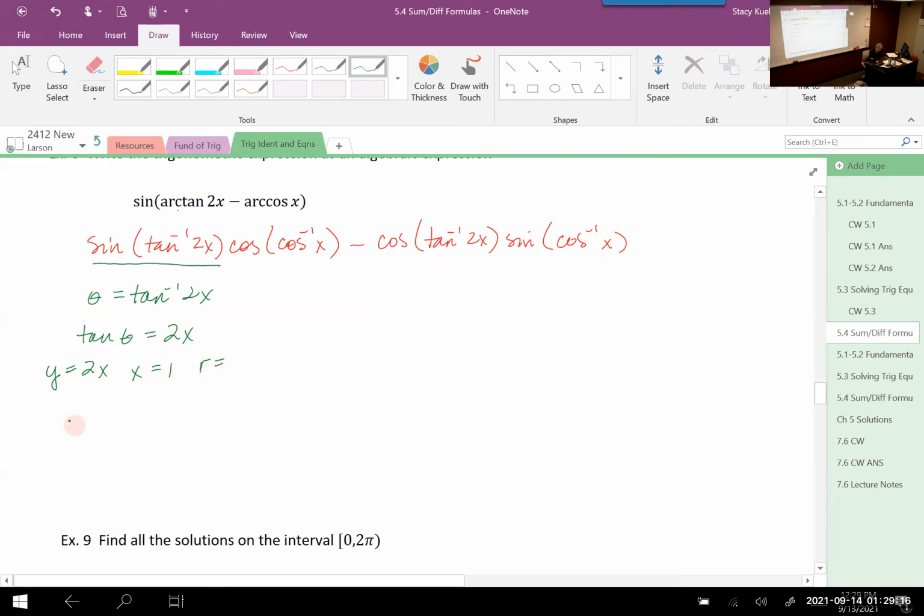So if we're thinking about a triangle here, where this is theta, the vertical component would be 2x, the horizontal component is 1, and the diagonal component is going to be the square root of x squared plus y squared, or in other words, the square root of 1 plus 4x squared.